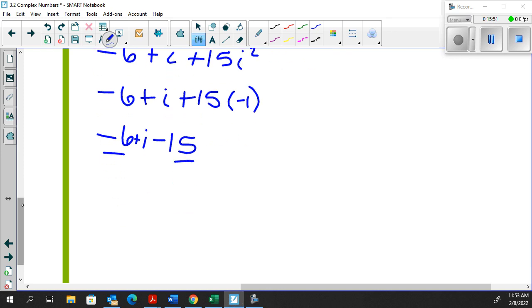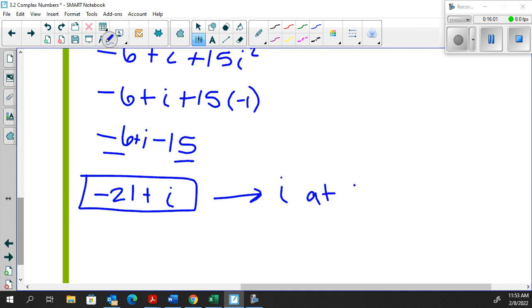That's negative 21 plus i. And notice how I have i at the end. We always want to write it like that. It's just procedure.